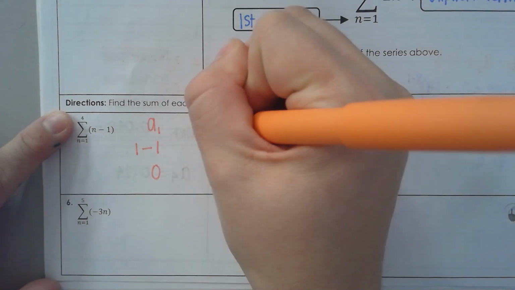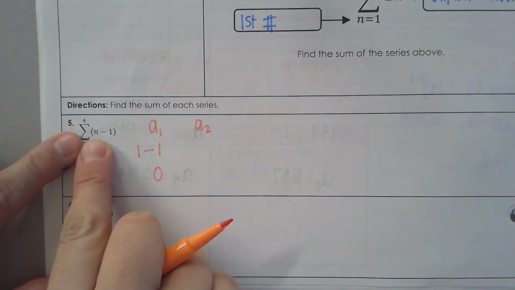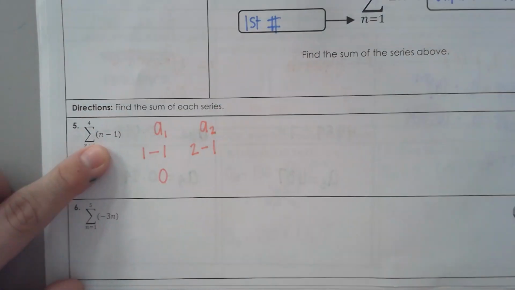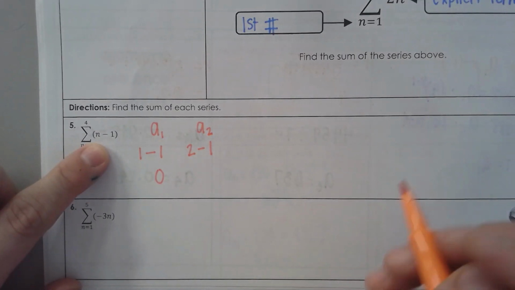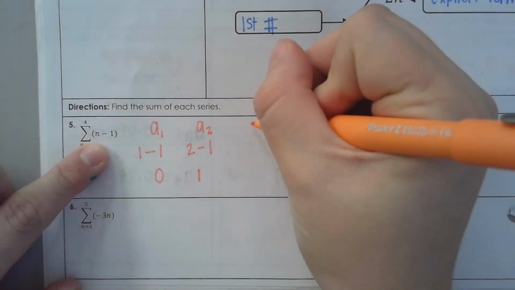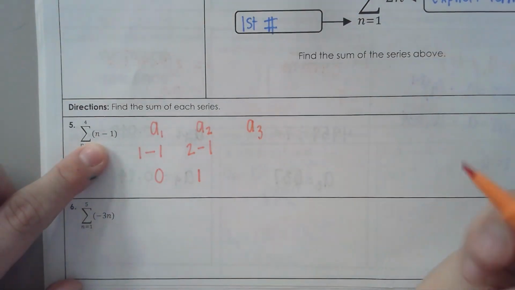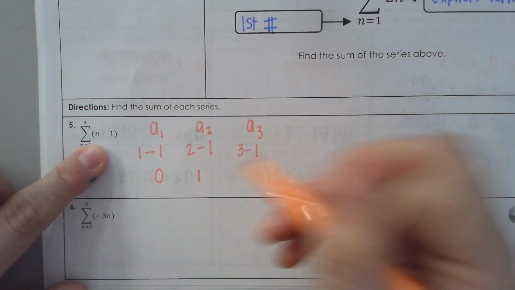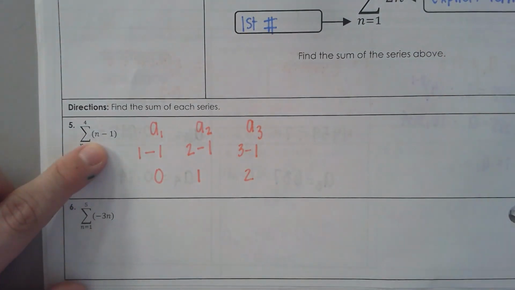So A2, if I plugged in a 2, 2 minus 1, which is 1. A3 is 3 minus 1, which is 2.